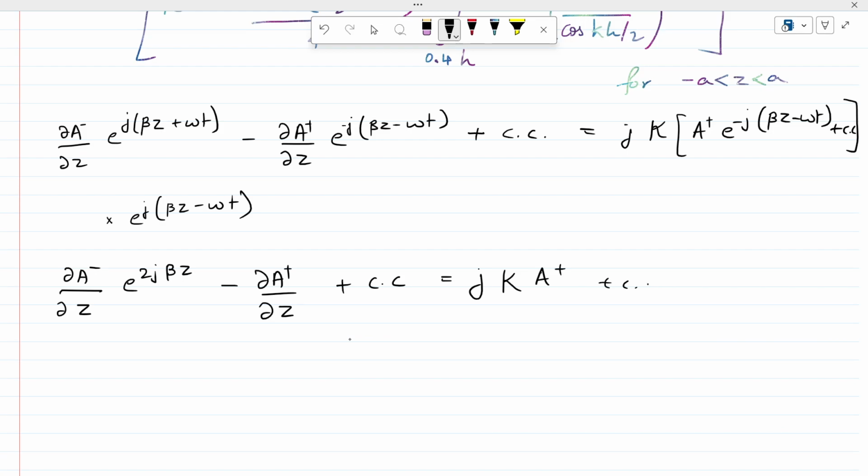So now for large z values, since this is an oscillating value, if I integrate over large z values, then this value will be very small. It will average out to 0. So what is left, for integrating over large z, is minus del A minus over del z is equal to j kappa A plus.